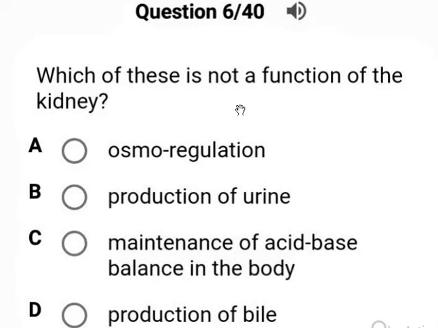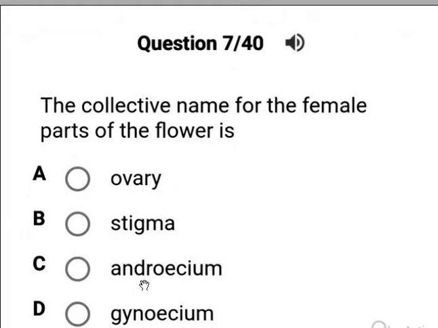So the exception is production of bile. We all know that the kidney functions in production of urine, maintenance of acid-base balance in the body, and osmoregulation. So the best option here is option D. Moving to the next question, which is question 7.